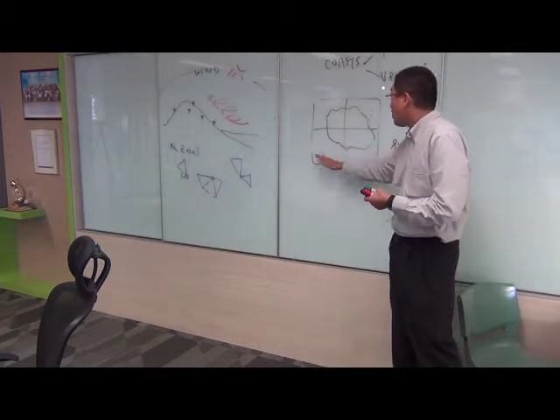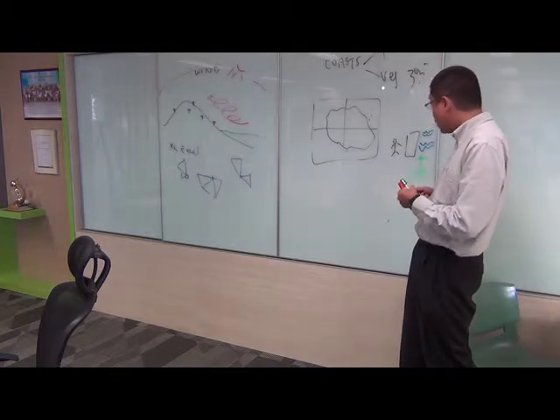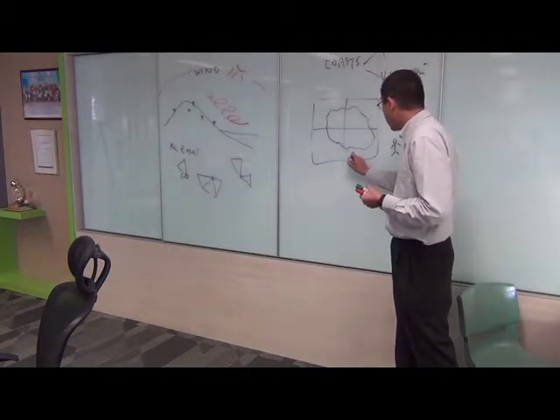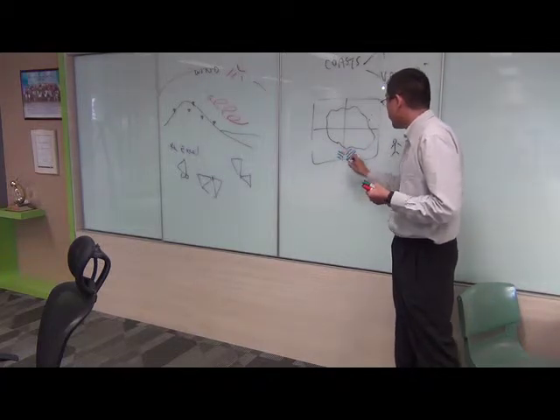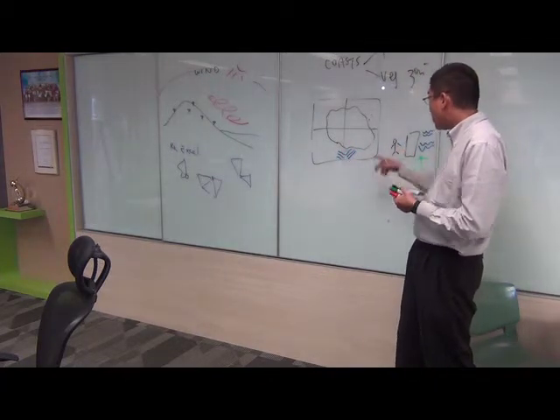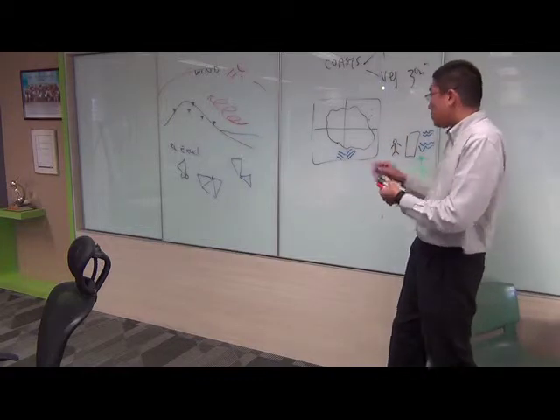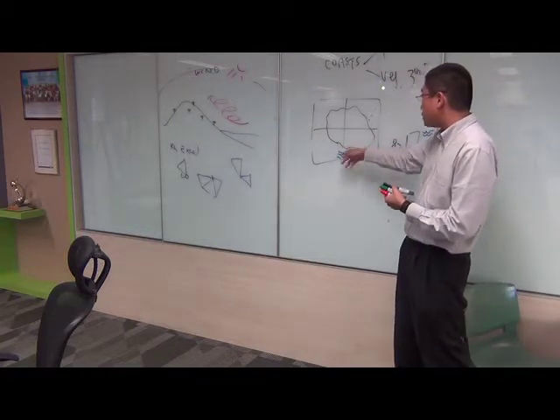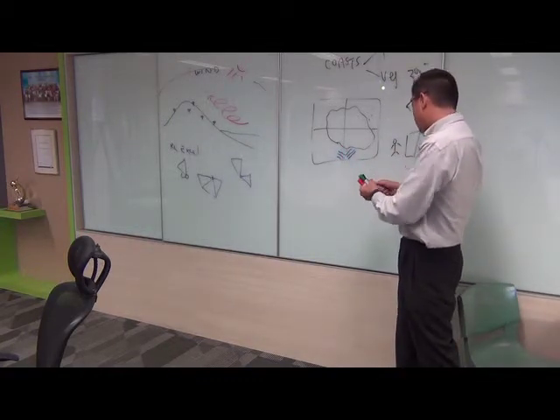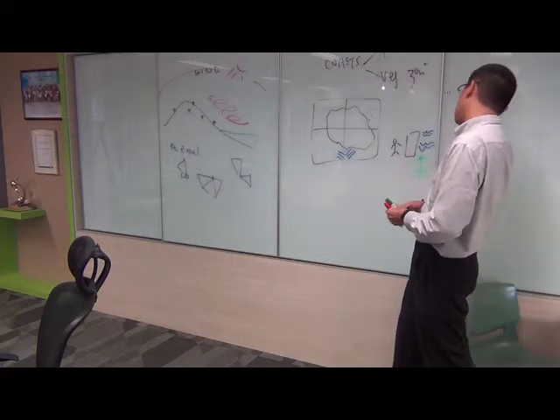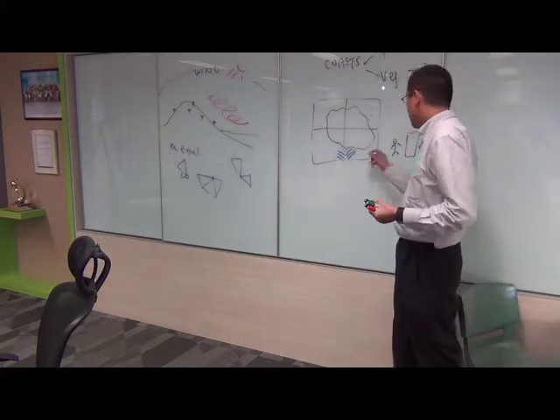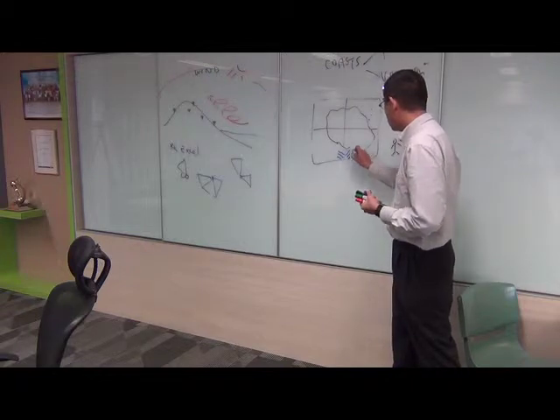Supposing someone were to place the oncoming waves like this and like this, then I'll ask them, okay, why do you want to do it like that? Why do you place swash and backwash there?